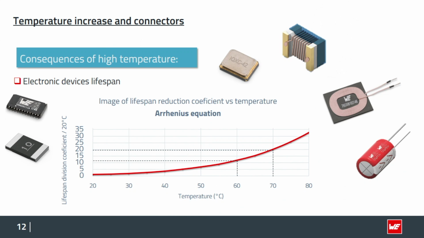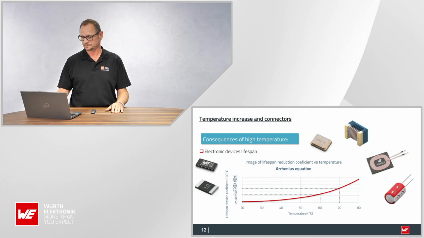And if you only go 10 degrees higher, then it's already divided by 20. So this is, of course, very important for you to understand if you want to build a very reliable component or appliance. Then you should look out to keep the temperature generally as low as possible.